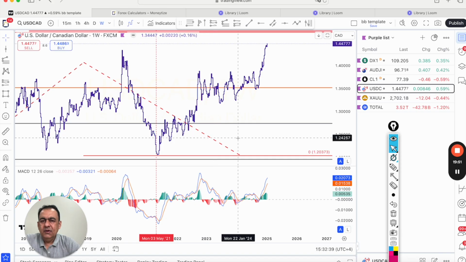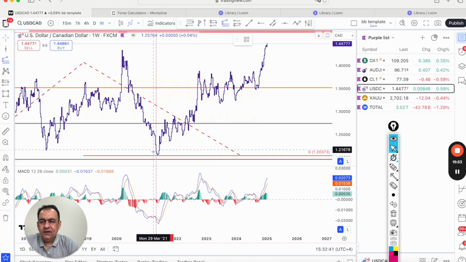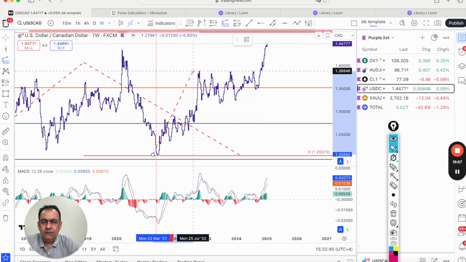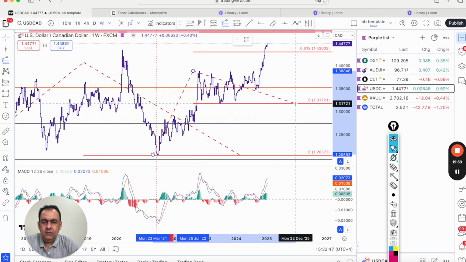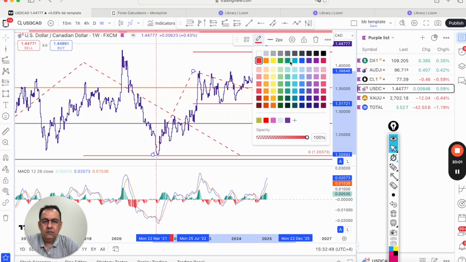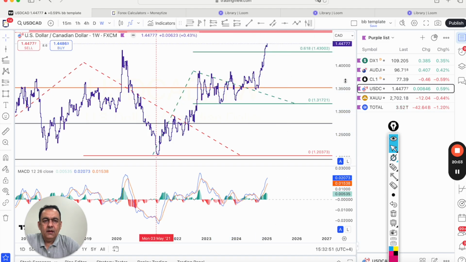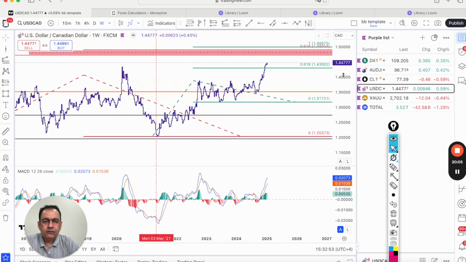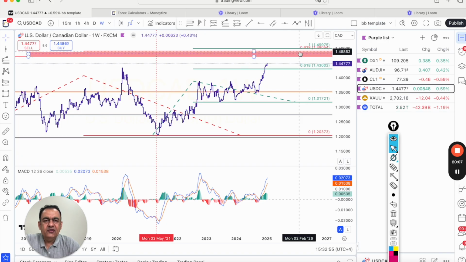Now on the basis of weekly, I'm going to apply next extension starting from the lowest point, connecting with the high and the higher low. Now we have the Fib extension of 100% on the weekly bullish cycle coming at 1.4997, or we can say the psychological mark of 1.5.